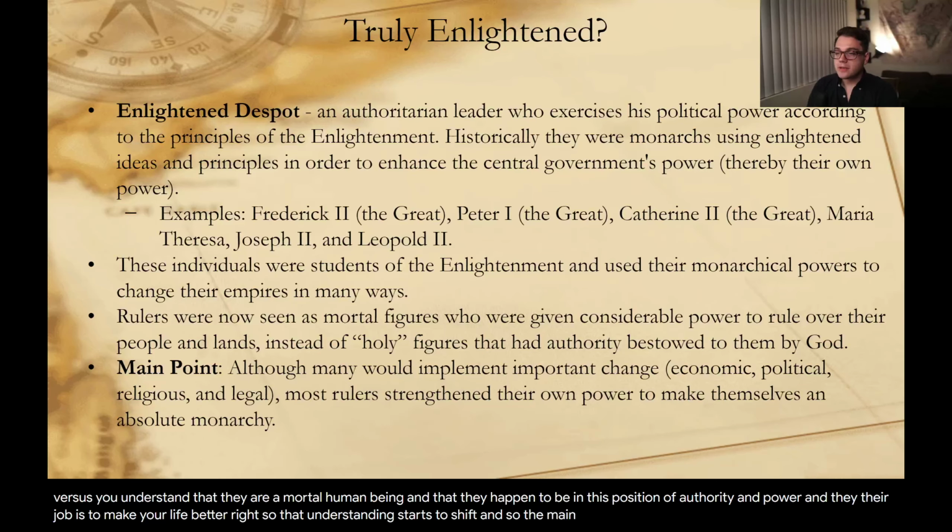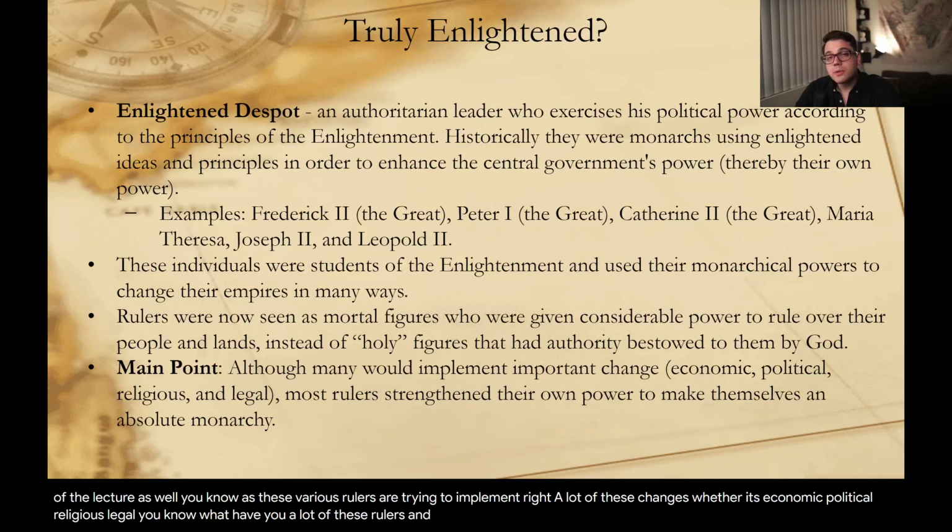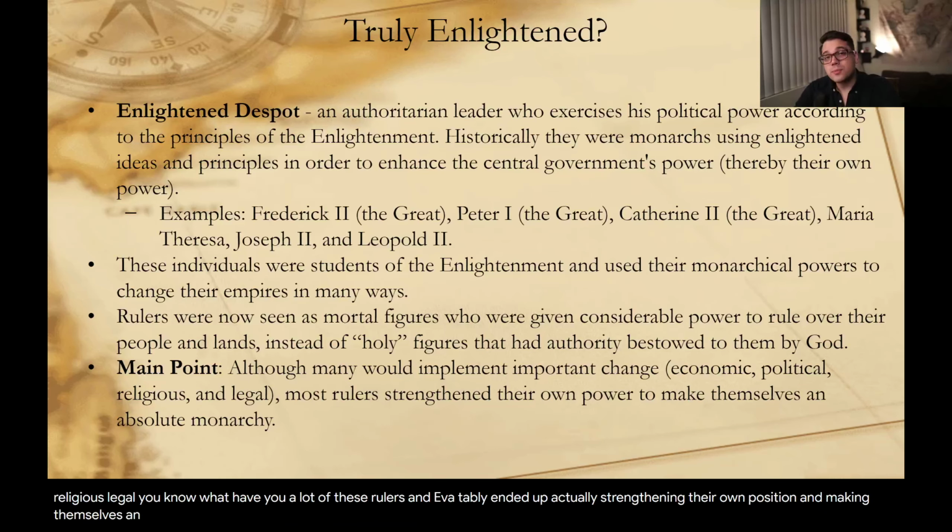And so the main point here is, as we're going to see towards the end of the lecture as well, as these various rulers are trying to implement a lot of these changes, whether it's economic, political, religious, legal, what have you, a lot of these rulers inevitably ended up actually strengthening their own position and making themselves an absolute monarch.